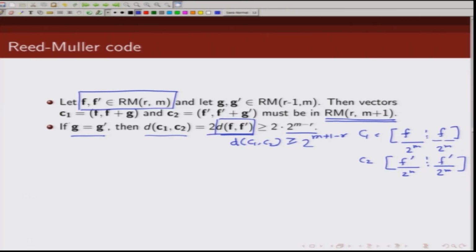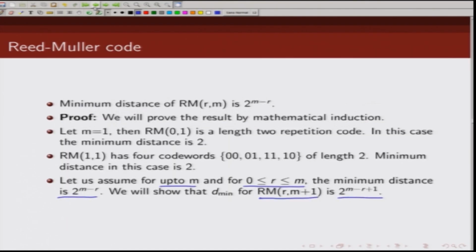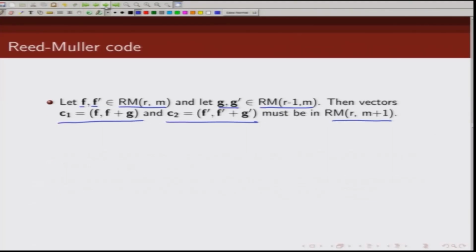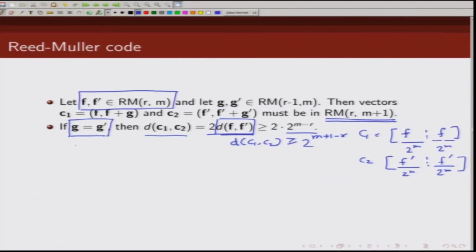So, for this particular case, we have shown that the minimum distance is indeed this. Now, we will also have to show that if g is not the same as g', then also the minimum distance is at least this.